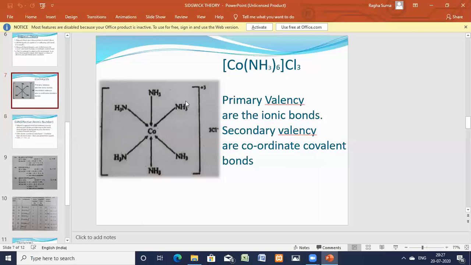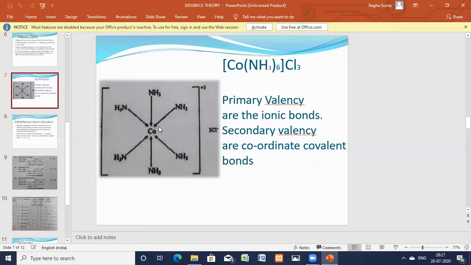So these 6 ligands are there. Coordination number is 6, central metal ion. These contribute to the secondary valency. Outside the sphere will contribute to the primary valency. These are ionic in nature. So these are very strong bonds, coordinate covalent bonds. These contribute to the stability of the complex.